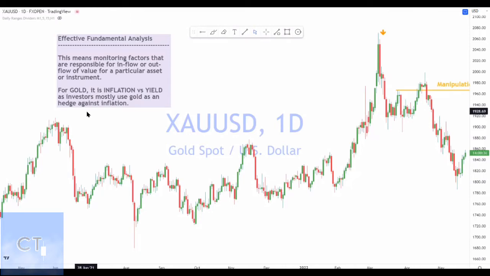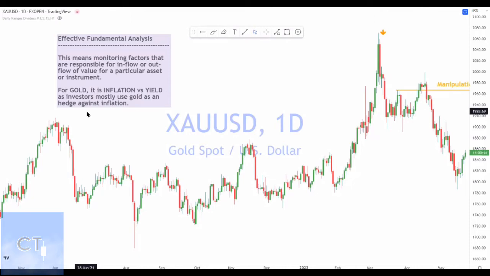But if you have a situation where in that economy, inflation is rising faster than the yield, or you have a situation where inflation is rising and the yield is actually dropping, then gold becomes very attractive, and gold should do fine, better than the currency of that economy.